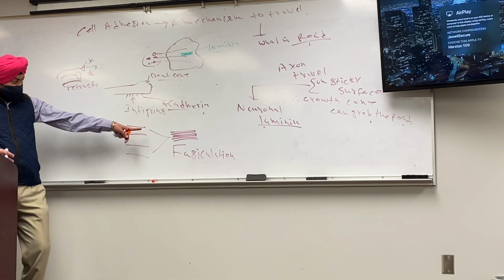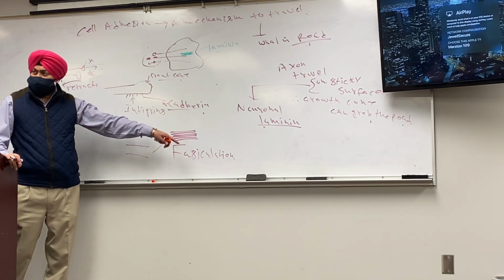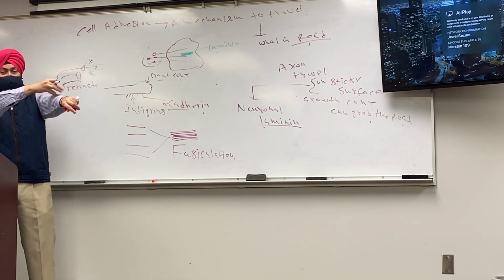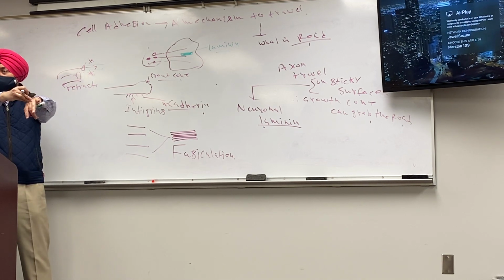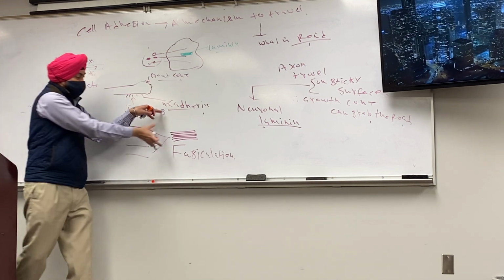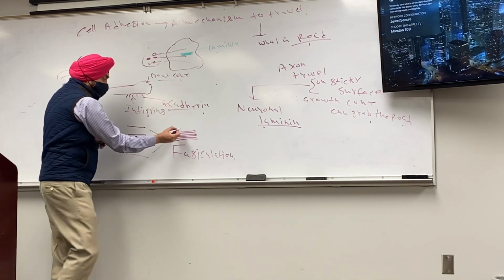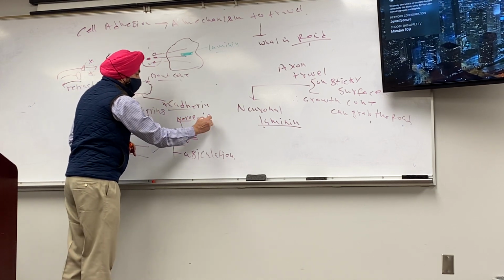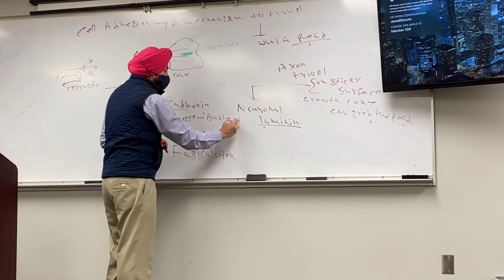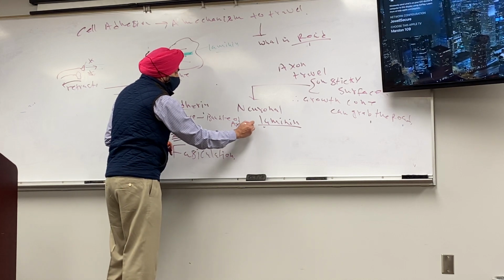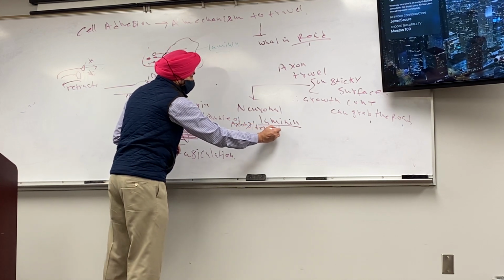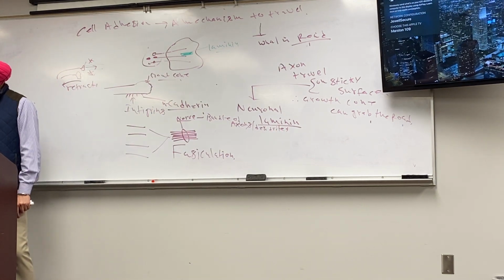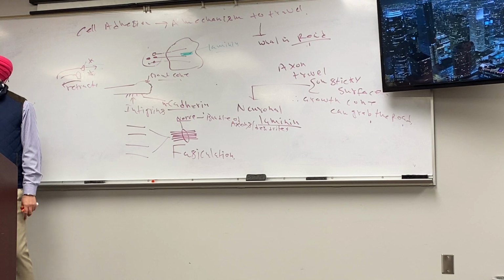Now, each of these axons can have a different target. Some might have this muscle target, some might have that muscle target. But this fasciculated axon bundle is actually called a nerve. So a nerve is a bundle of axons, or it can be dendrites depending on what type of neuron you're talking about. Okay? So a bundle of axons or dendrites is a nerve.